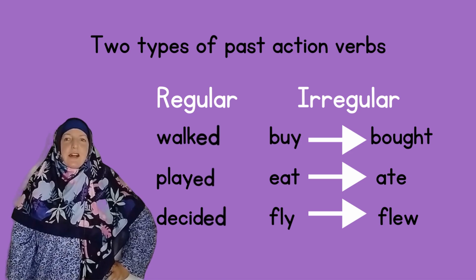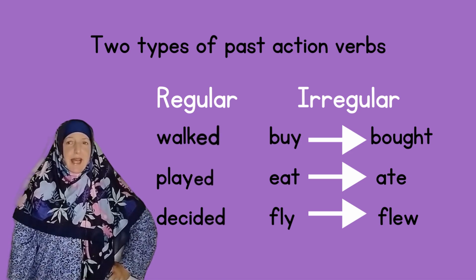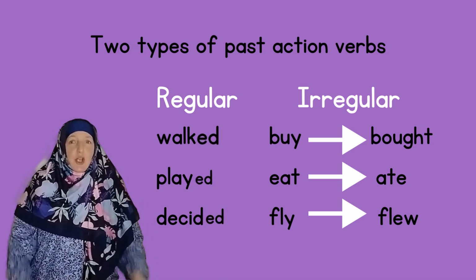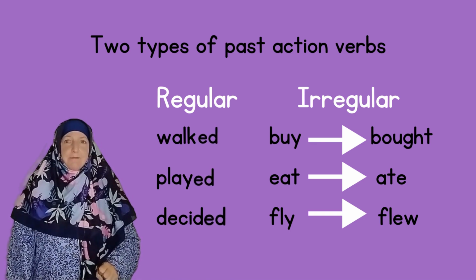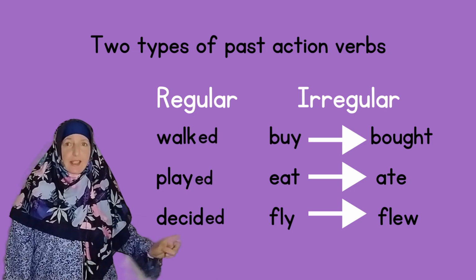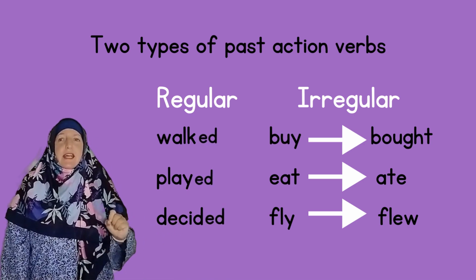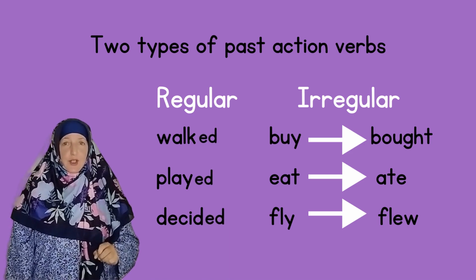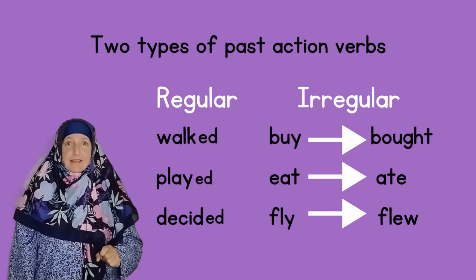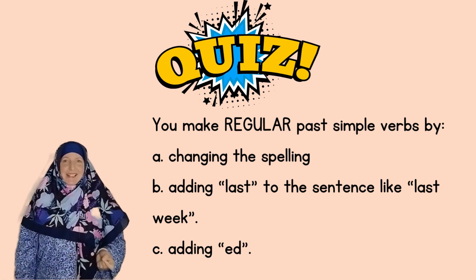Secondly, there are 2 types of past action verbs, regular and irregular. As you can see with the regular past action verbs, the base verb only adds ed. Irregular verbs change their spelling. Here's a quiz.